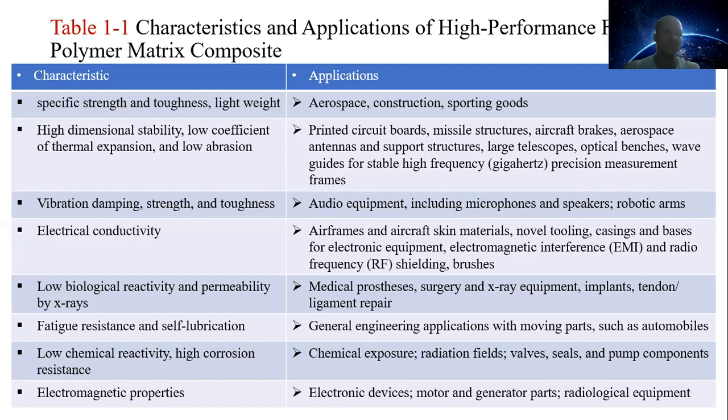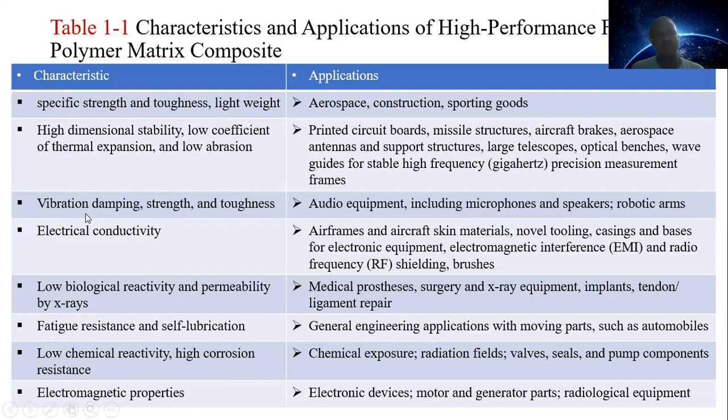This is due to the high dimensional stability and low coefficient of thermal expansion, as well as low abrasive behavior. So it does not give wear and tear immediately like other structures.